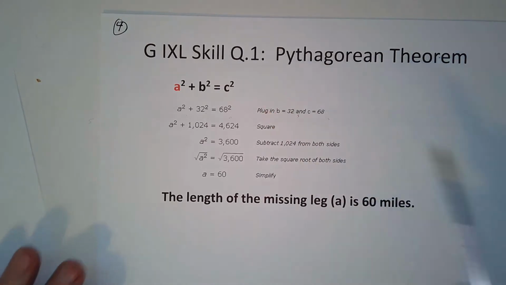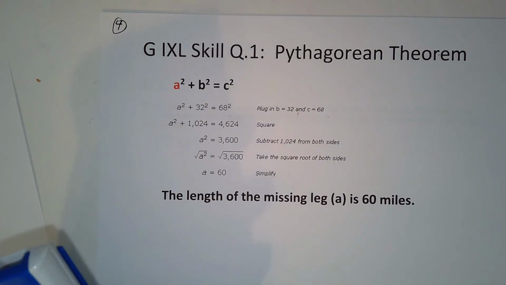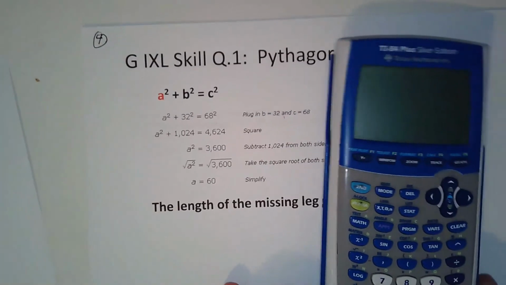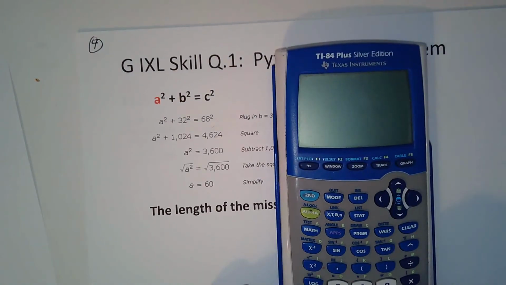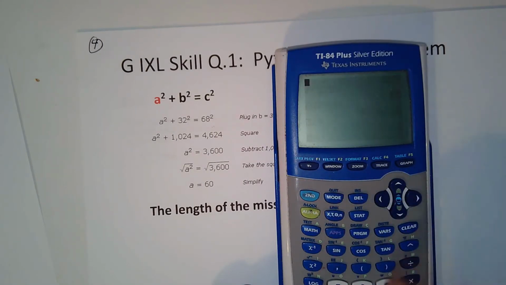All right, so you take your calculator. This is where you use it. 32 squared, that's your B. Let's just put it down here and we can work the numbers. So 32 squared, oops, got to turn it on first. Clear. 32 squared, I hit the square button there, hit enter, and I get 1024.